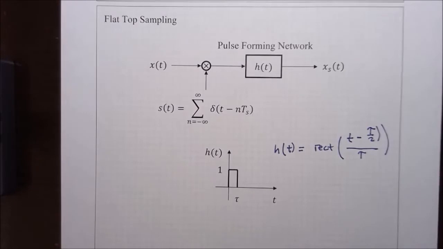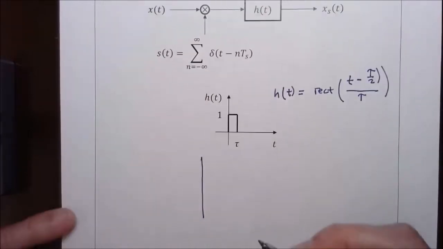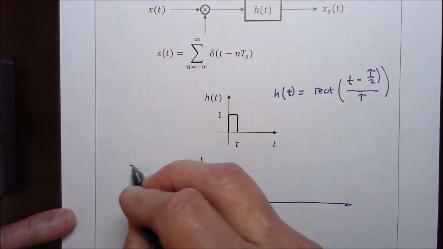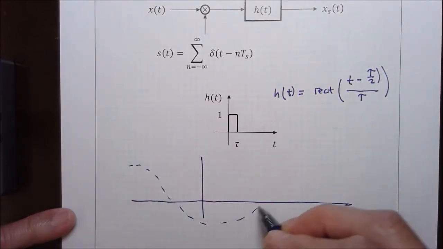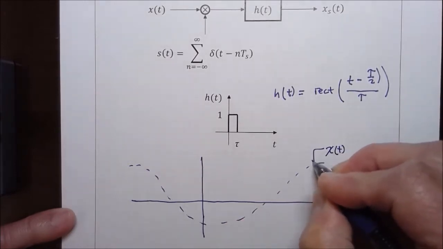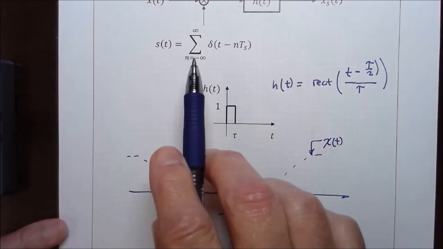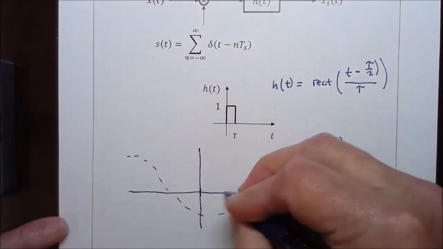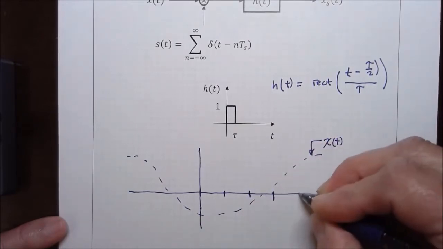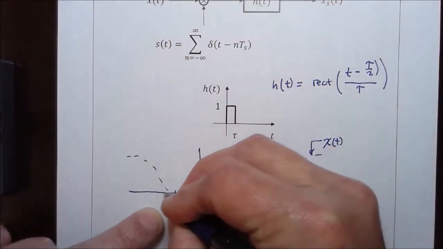So what we would then have is, let me illustrate the sampled signal. Here is the message signal again. This is our continuous message signal x of t. We will sample with impulse functions that occur periodically.